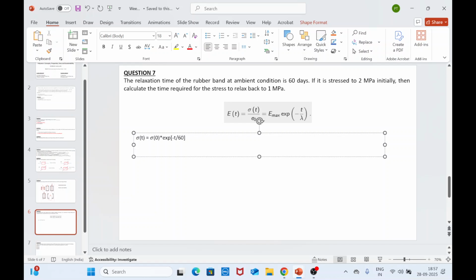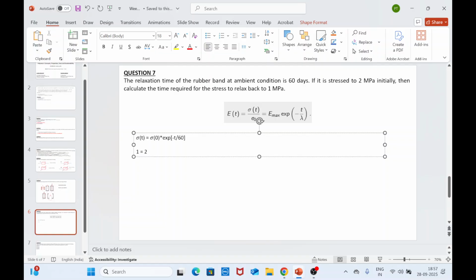Sigma at t is going to be 1 megapascal, because it is asked that initially the rubber band is stressed to 2 megapascals, then the stress is released and it relaxes back to 1 megapascal. So stress at some instant of time t is going to be 1 and initially it is going to be 2.